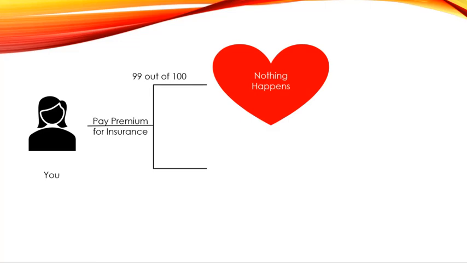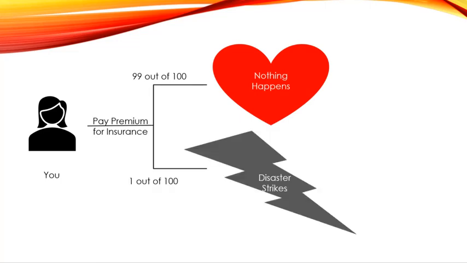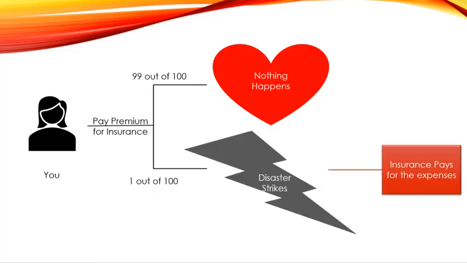And so what happens is you pay a premium for insurance. You purchase insurance. So 99 out of 100 times nothing happens. But when that disaster does strike, the insurance company pays for the expenses. As a result, you're able to insure against this risk, and it won't financially ruin you when it happens.